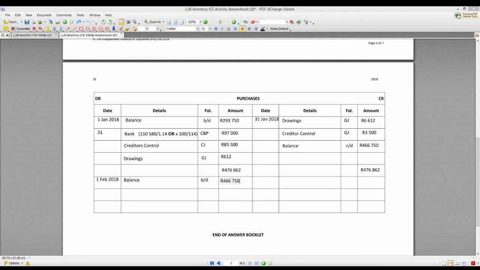Do you guys have any questions on what we've just done? Any questions on completing of these two accounts as per the 2018? I think this was a test, if I remember correctly. Do you have any questions on this?